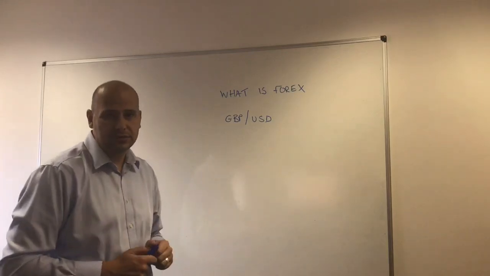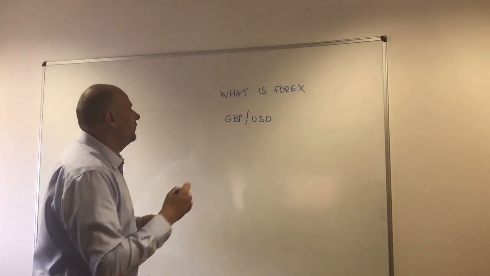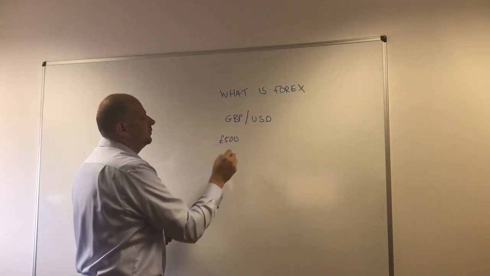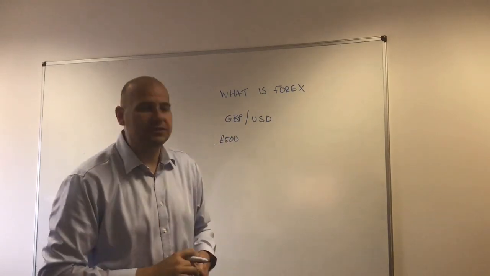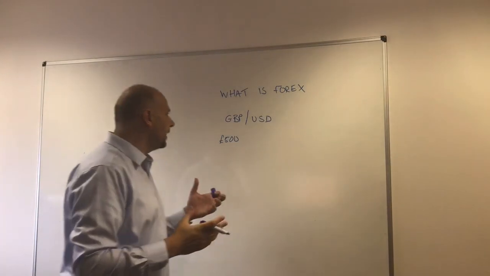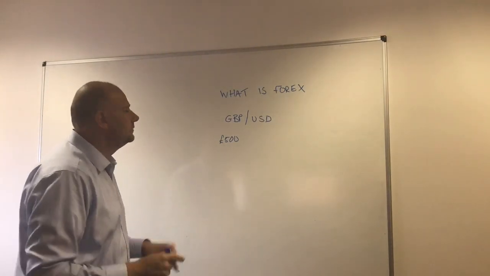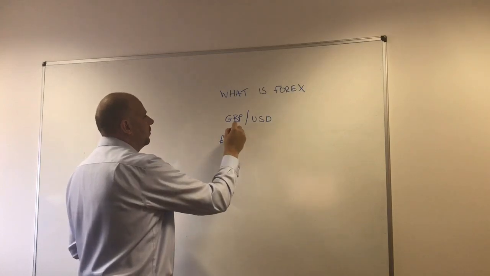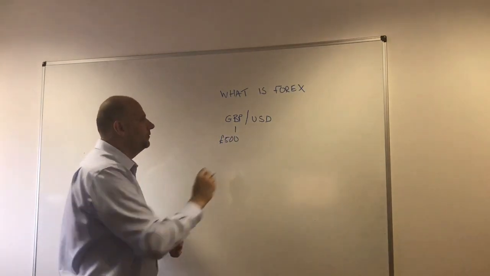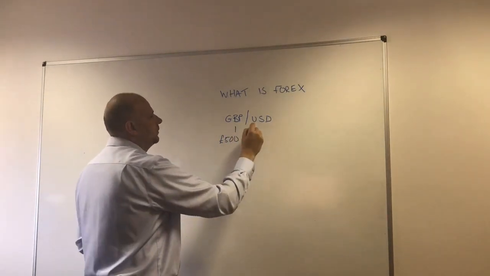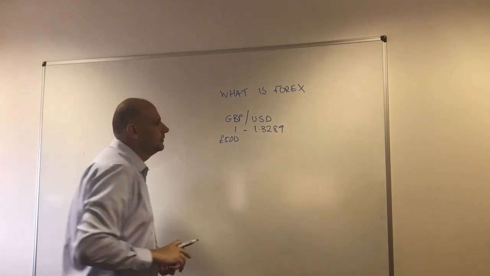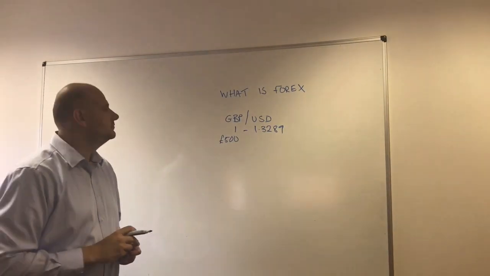So let's say you go to the States and you've got £500 and you want to convert that into US dollars for some spending money. At the moment, the exchange rate as of today is roughly £1, one British pound, you would get 1.3289 US dollars.